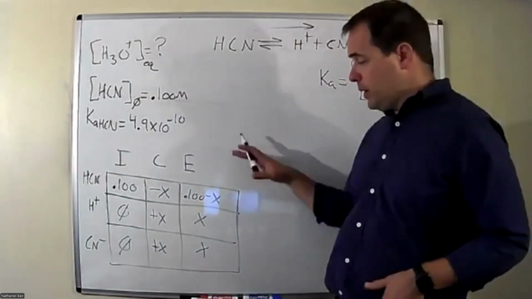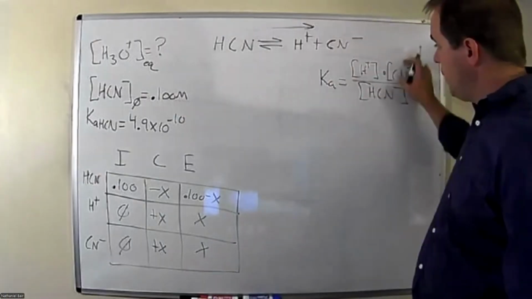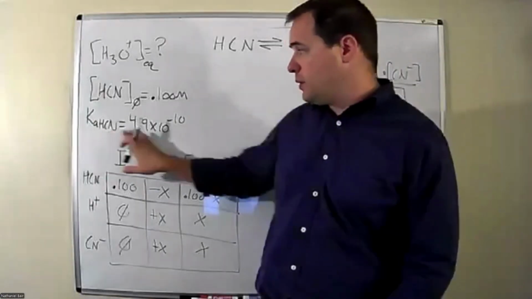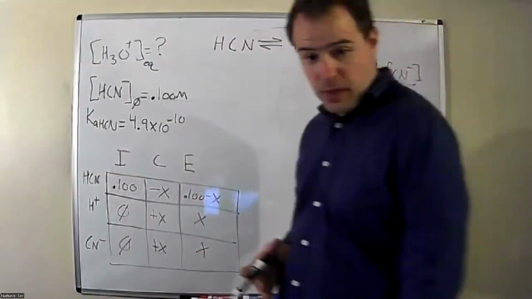Now, since we have these equilibrium values in terms of X, we can plug them into the mass action expression with the acid dissociation constant. And then hopefully we can make X small. So let's try that out.